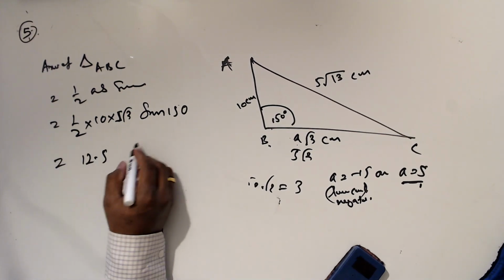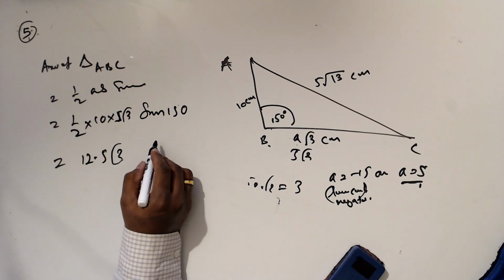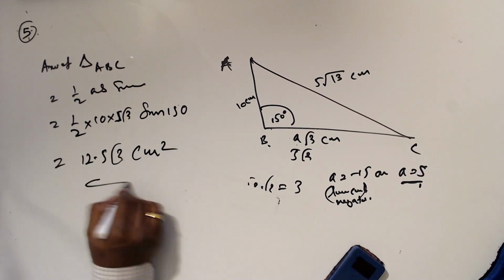So your answer is 12.5 square root 3 cm square.